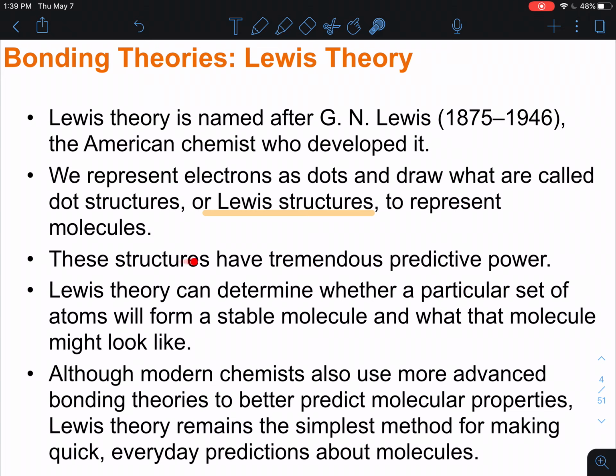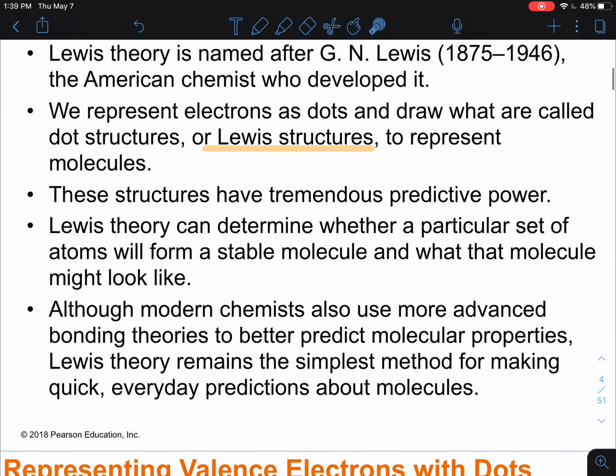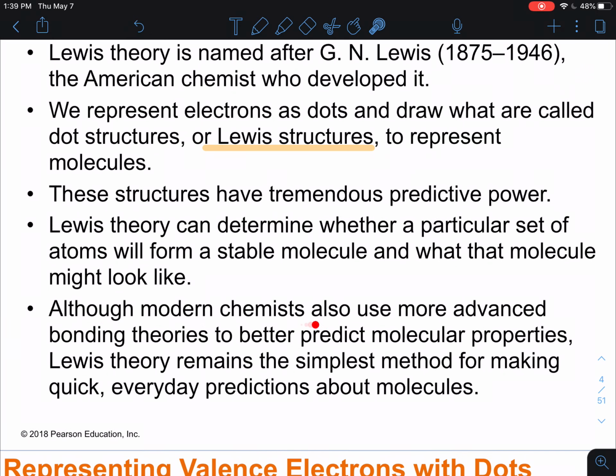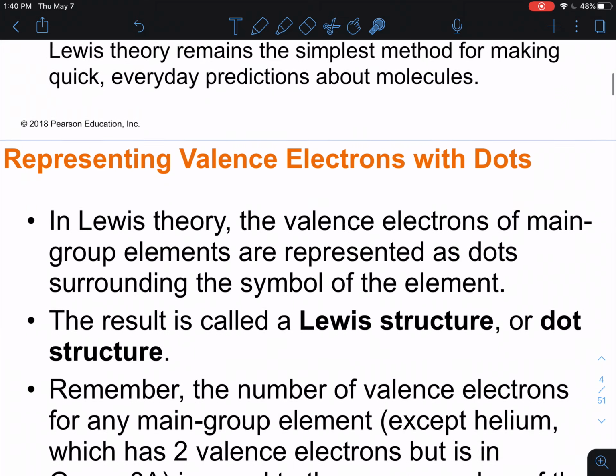And it's true, these structures have tremendous predictive power, okay? Lewis theory can determine whether a particular set of atoms will form a stable molecule and what that molecule might look like. And although modern chemists also use more advanced bonding theories to better predict molecular properties, Lewis theory remains the simplest, very effective, and very fast way of making everyday predictions about molecules.